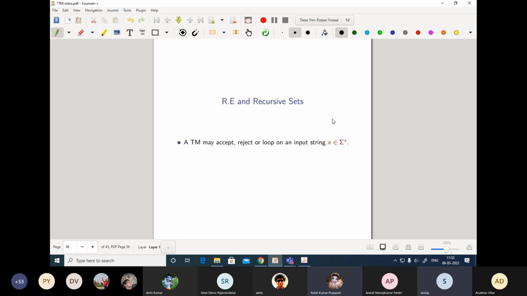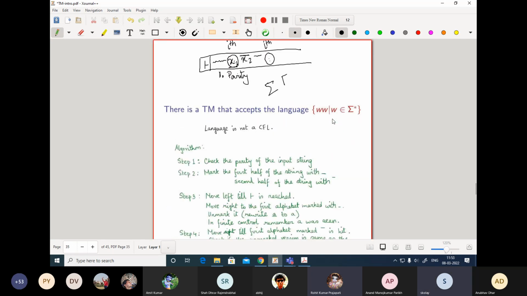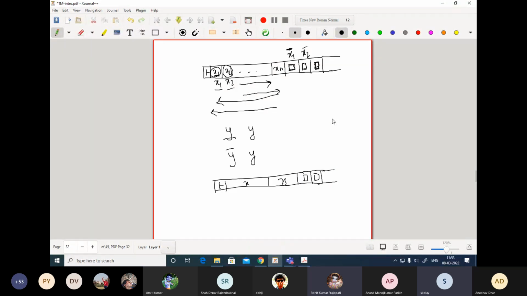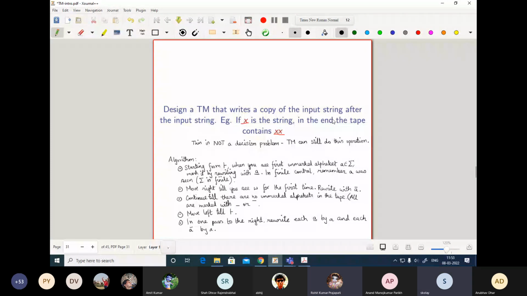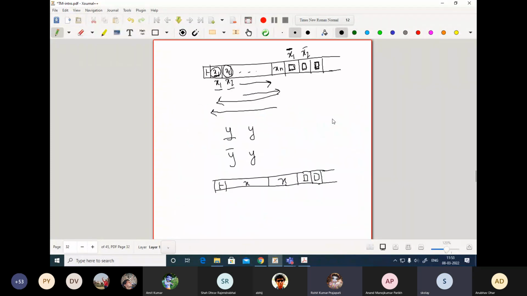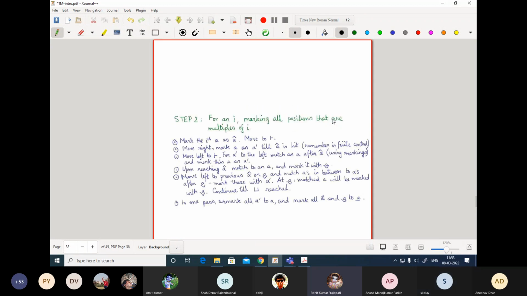We saw a few examples of Turing machines. So basically, a Turing machine may accept, reject, or loop on an input string. And so far, I don't think we saw any examples where the Turing machine is looping, but it's possible.